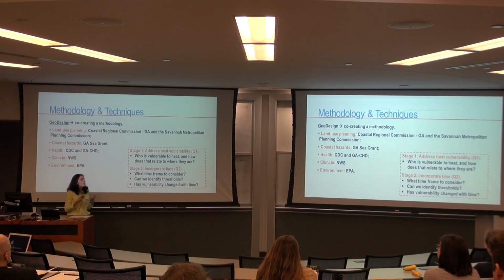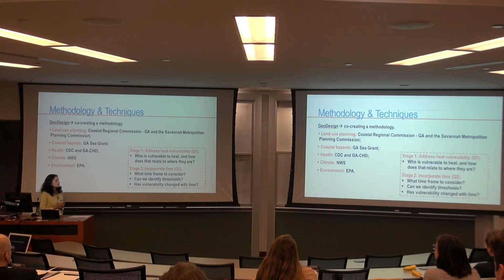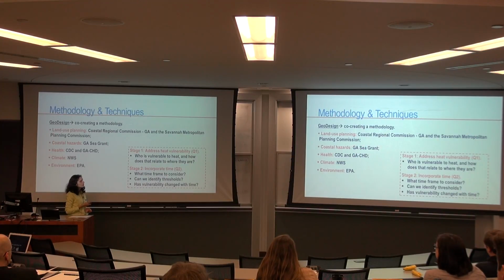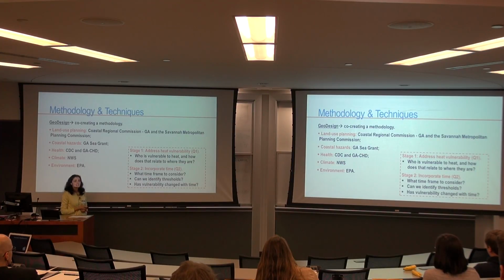So how am I going to go about this? Well, I'm going to use a technique called geodesign and try to co-create the methodology with a number of state agencies. So calling upon people that are actively working either in planning or in hazards planning in the coast, or dealing with health and also with the indices that I'm talking about.